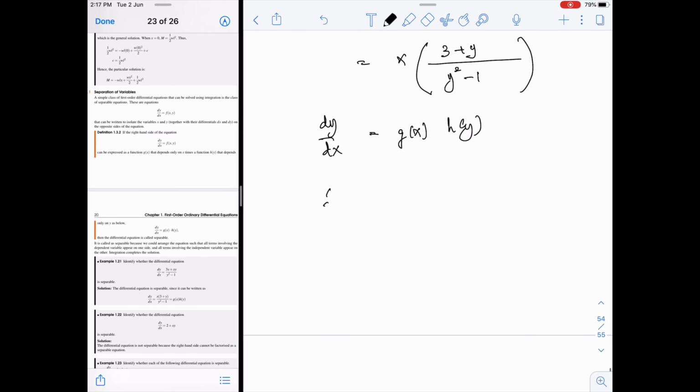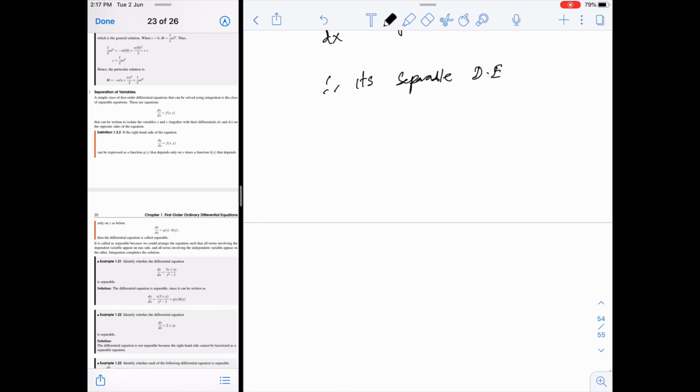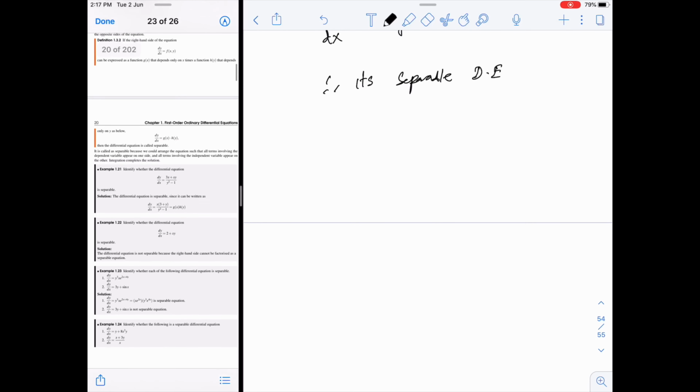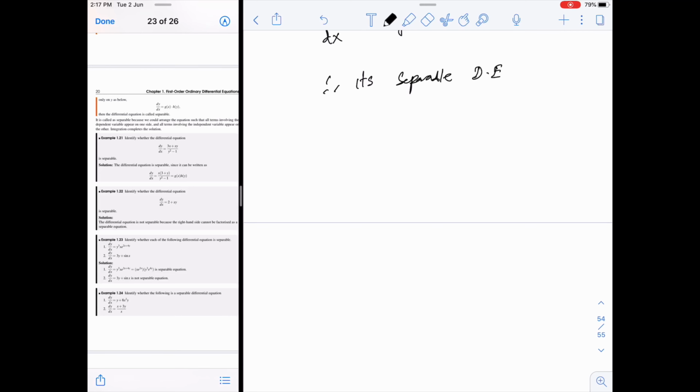The conclusion is it's a separable differential equation.